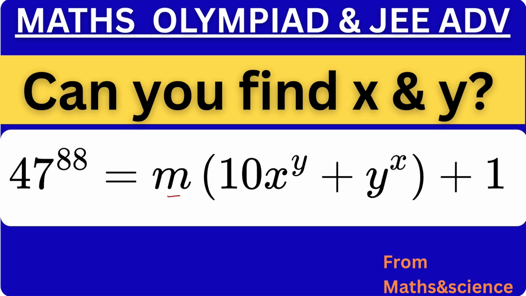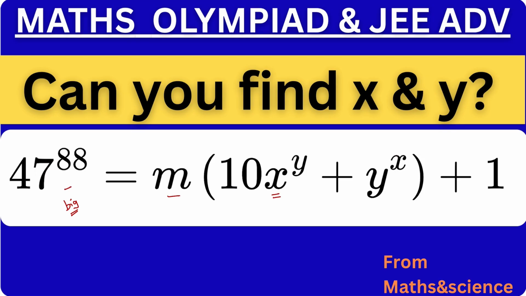Now, in this, 47 to the power of 88 is a very big number. Until and unless we know some theorems and tricks to solve this, we will not be able to solve this question.